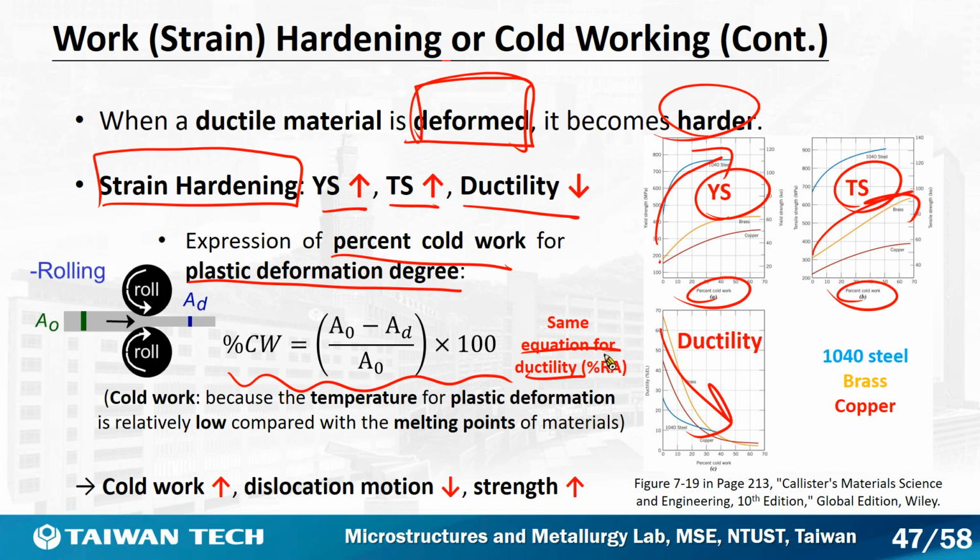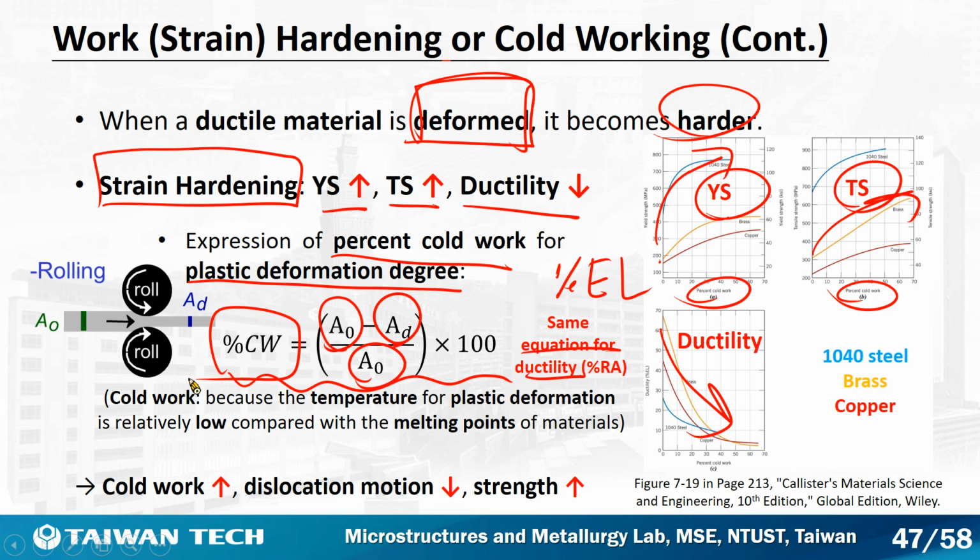This is percent RA, percent reduction in area. We also have percent EL, percent elongation. And percent RA is the reduction in area. So the area reduction converted to a percentage, we call it percent cold work.